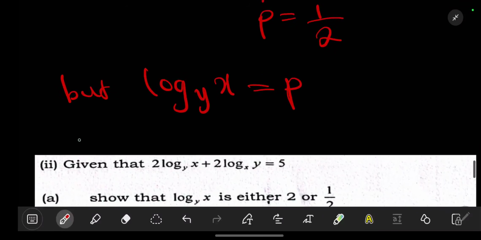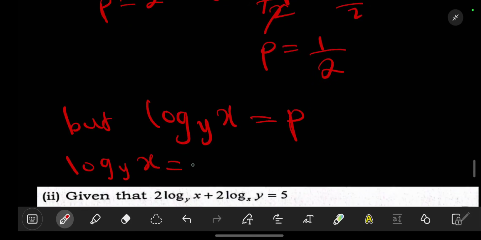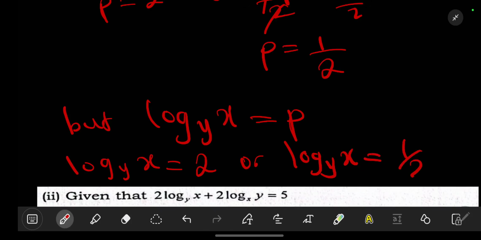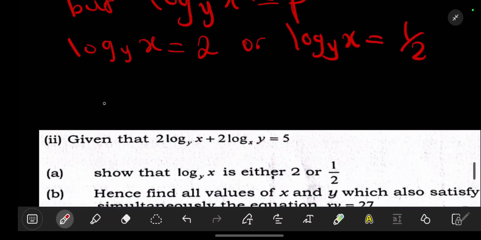This means that the log of x base y is equal to 2, since p is equal to 2, or the log of x base y is equal to 1 over 2. So you can say from here, hence shown.